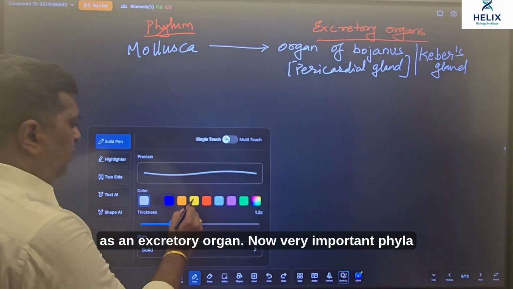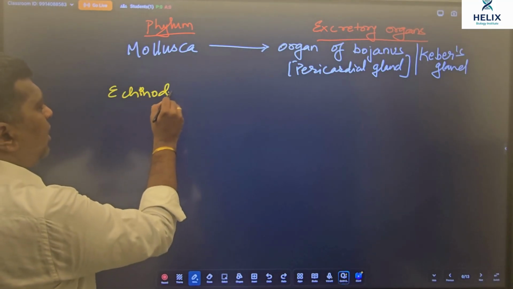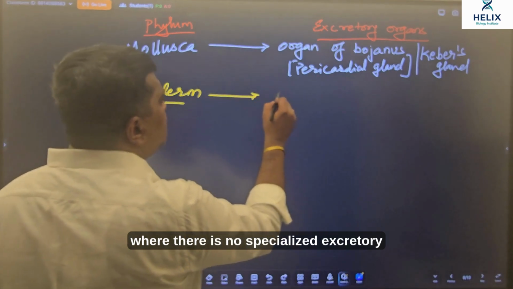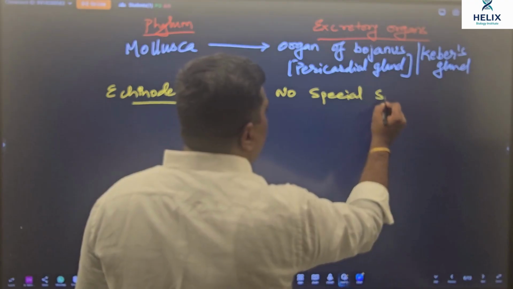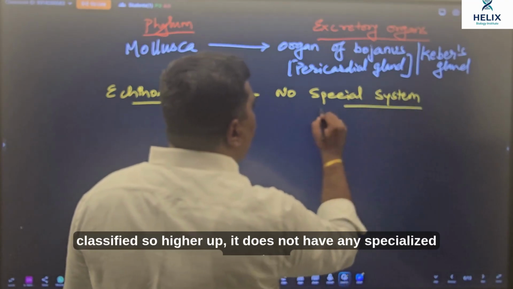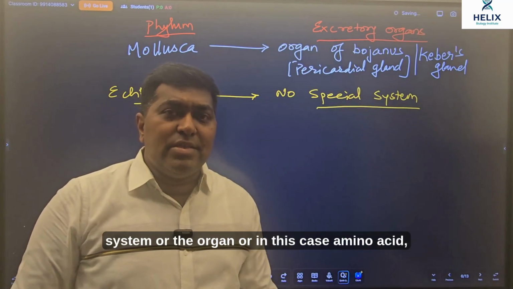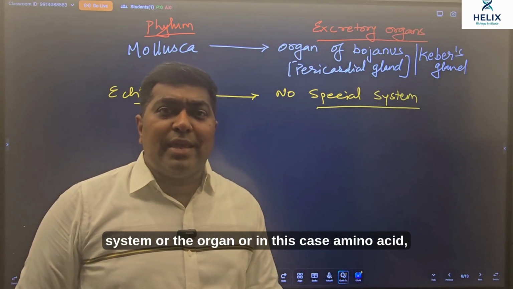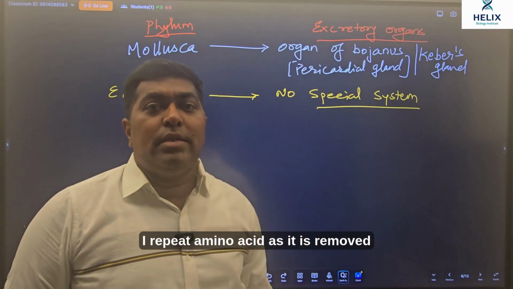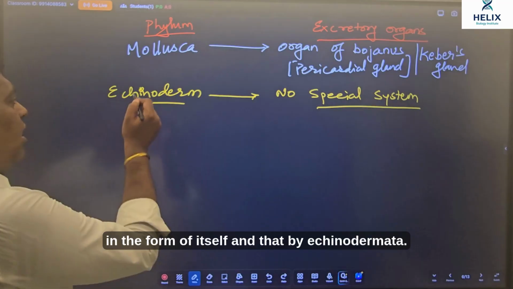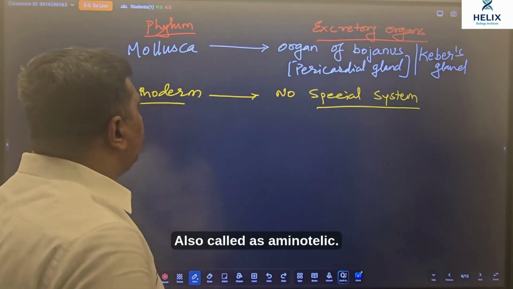Now a very important phyla coming up, that is Echinodermata, where there is no specialized excretory system present. Though Echinodermata is classified so high up, it does not have any specialized excretory system or organ, and in this case amino acid, I repeat, amino acid as it is, is removed in the form of itself, and that is why echinoderms are also called aminotelic.